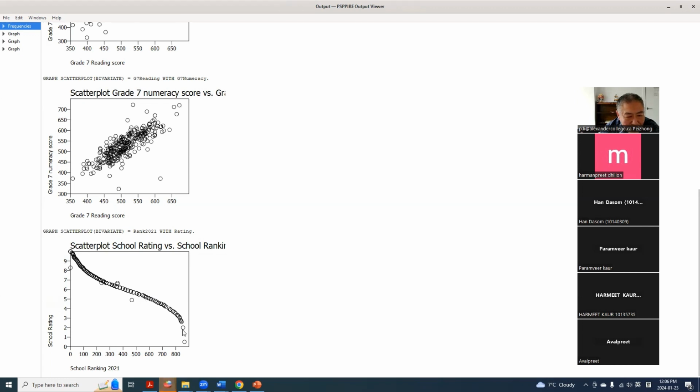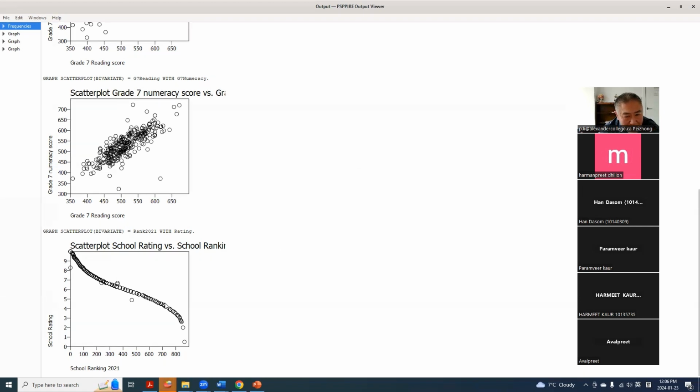Only a few schools deviate from the line. Almost all the schools are on the line. These are the outliers. That's a super strong correlation. The closer the dots are to a line, the stronger it is.